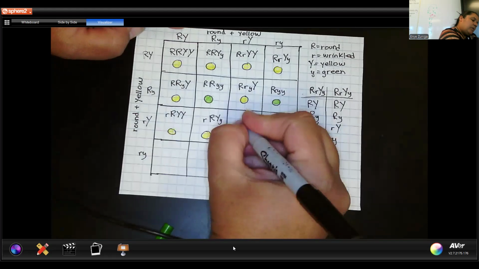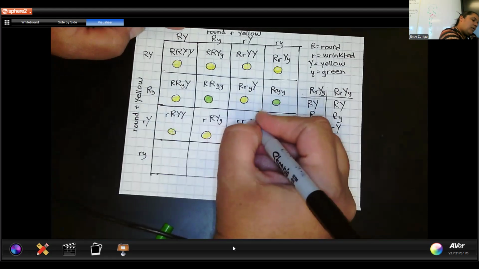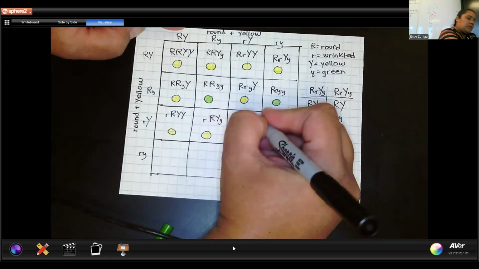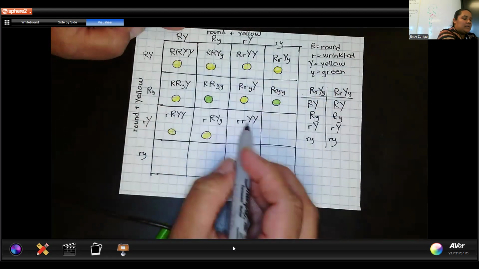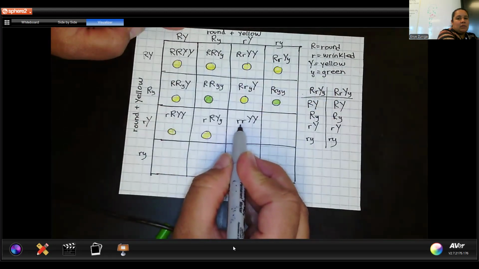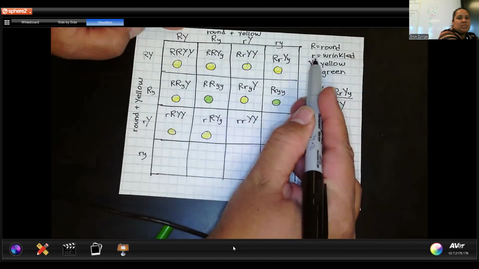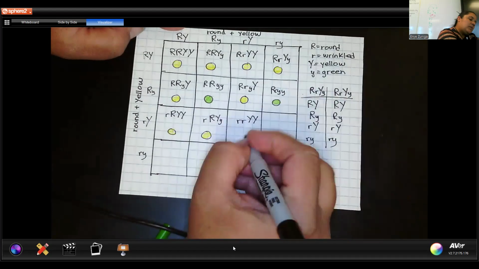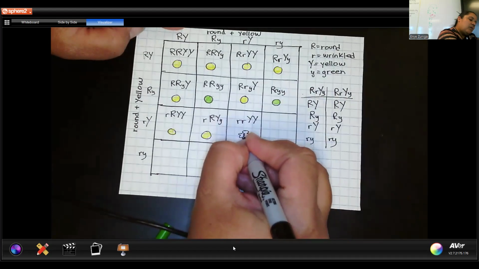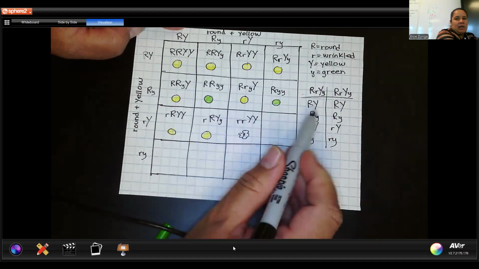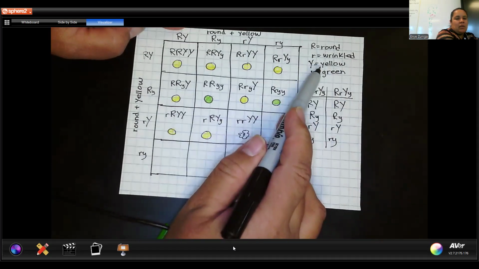And the next one, we have lower r, upper Y, upper Y. Now, this seed is different because this is no longer a round seed. It's wrinkled because we have the two recessive r's. So instead of being a round seed, I'm going to draw a wrinkled seed. But it's still yellow because it has at least one capital Y.